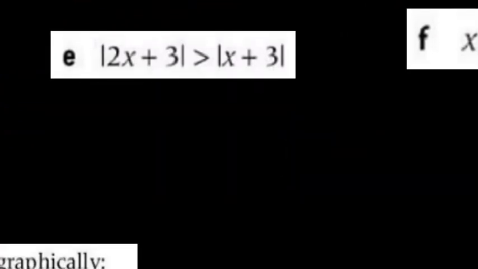E. Once again, I'm going to square both sides. That gets rid of the absolute value, so that's 4x squared, 2 times 3 is 6, times 2 is plus 12, plus 9x squared. 3 times 1 is 3, times 2, plus 9.